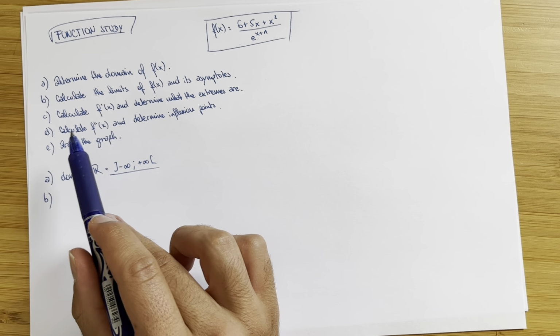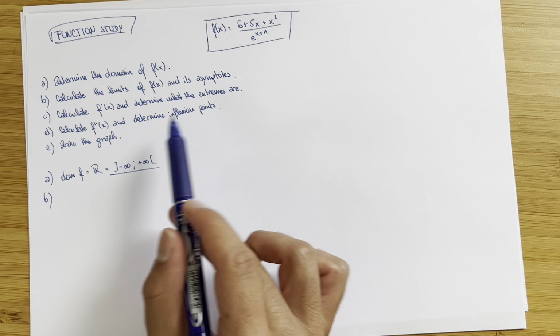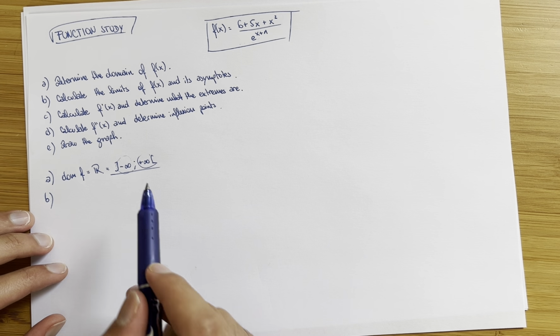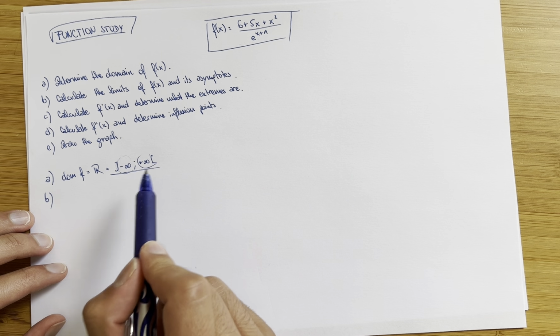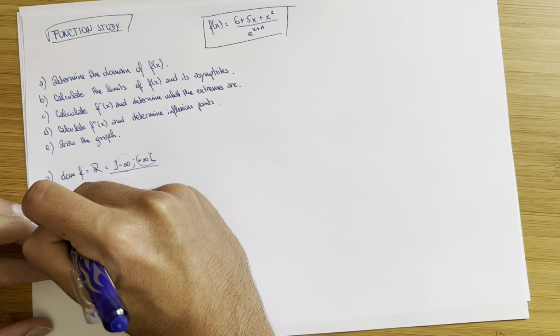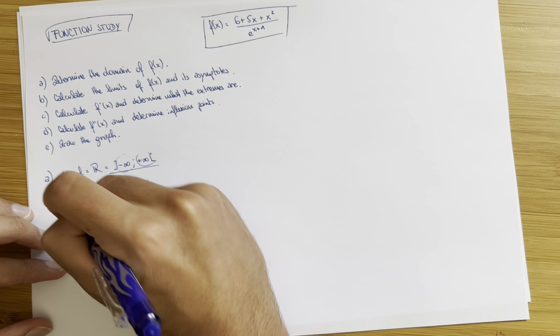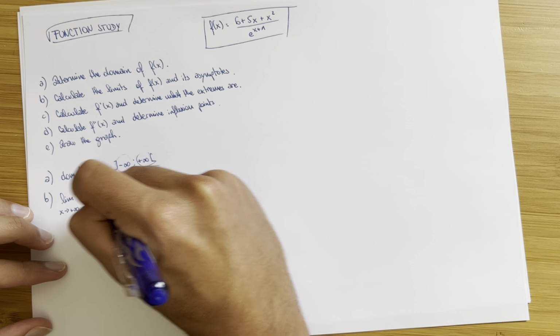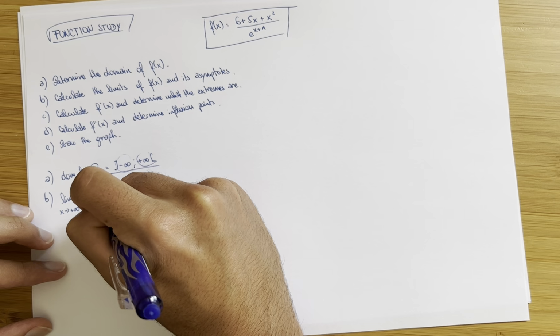Now, let's calculate the limits of this function and its asymptotes. So we want to know what this function does at these 2 limits. So first, let's calculate the limit of 6 plus 5x plus x squared divided by exponential x plus 1.